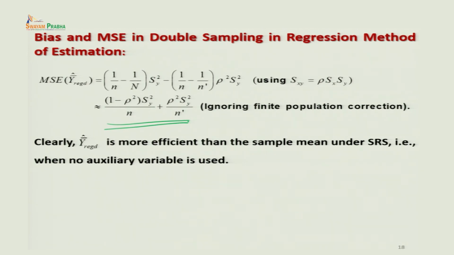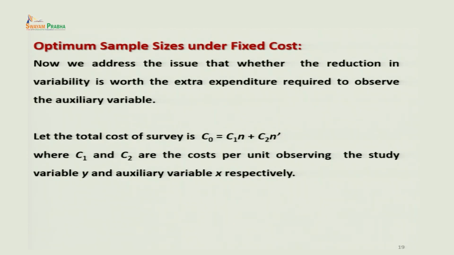Now you can see, it is clear from here that this is Sy square upon n, which is the variance of the sample mean under the SRS when no other auxiliary information is used. So, clearly this MSE of y bar hat reg under the double sampling is more efficient than the sample mean under the SRS, and that is obvious also, it is using more information.